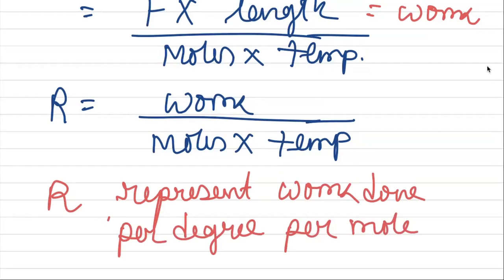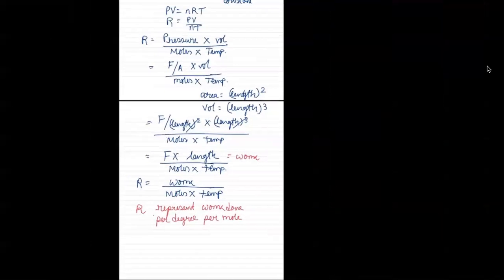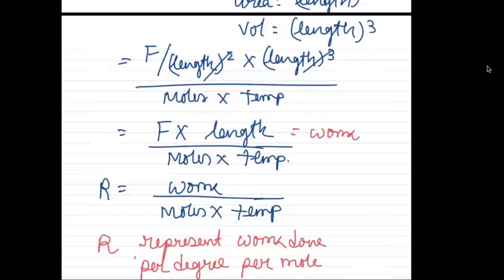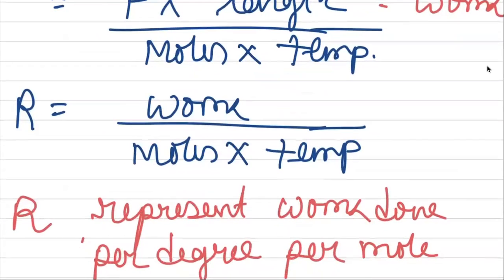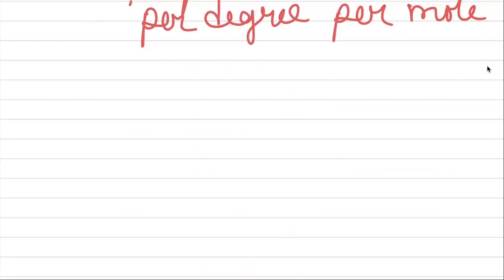Okay, so we can say that R represents work done per degree per mole. Clear? This portion? Yes, miss. Okay. So next we will do numerical values of R. Very, very important.